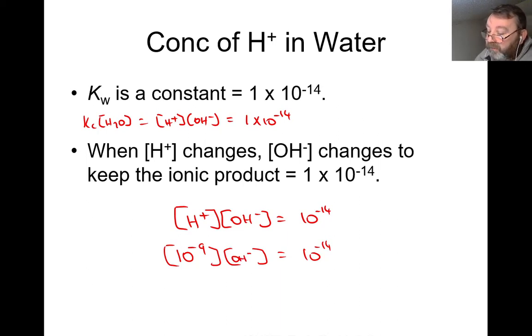And if I brought this down to 10 to the minus 2, this one would be OH- to the minus 12. In other words, the powers over the hydrogen and the hydroxyl ions always have to add to minus 14.